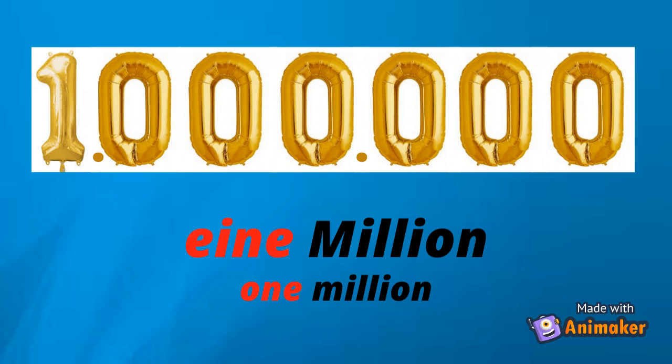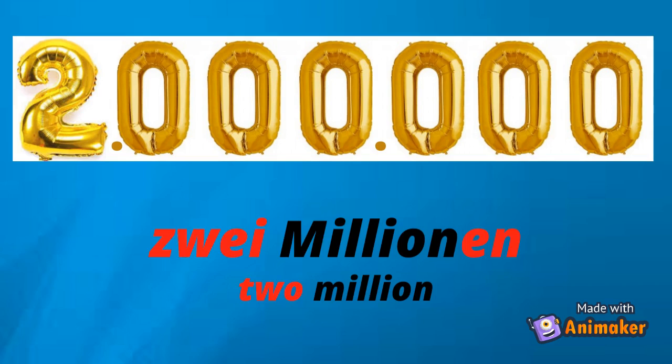Now we have reached eine Million. That means 1 million. The next one is zwei Millionen. That means 2 million.